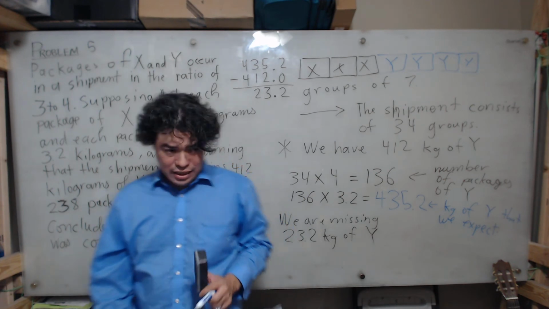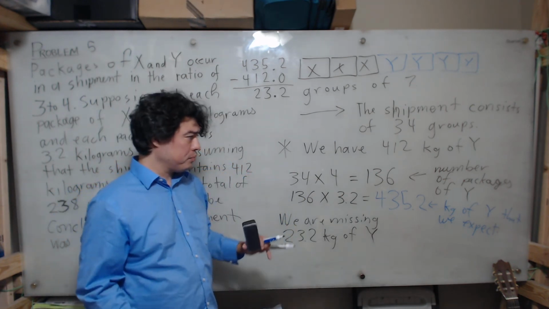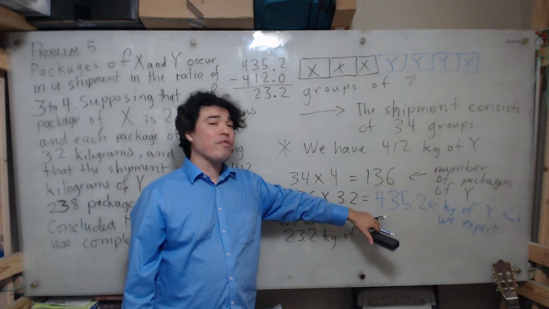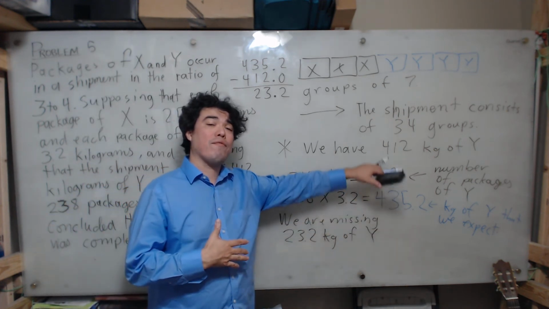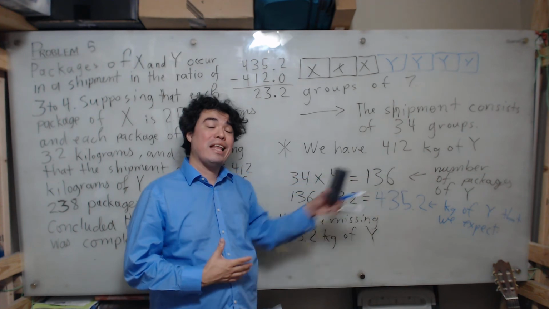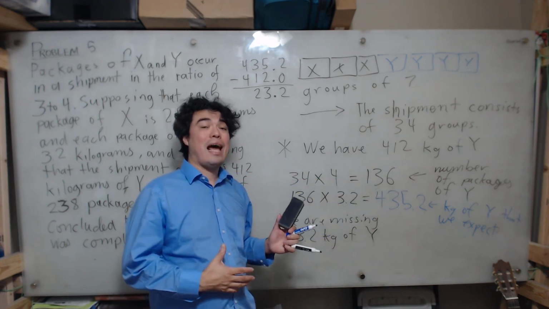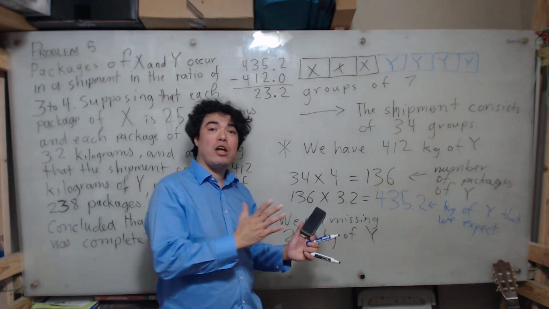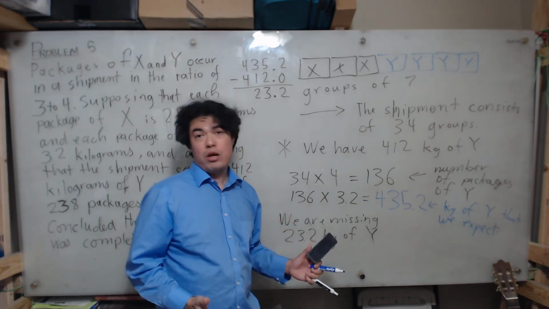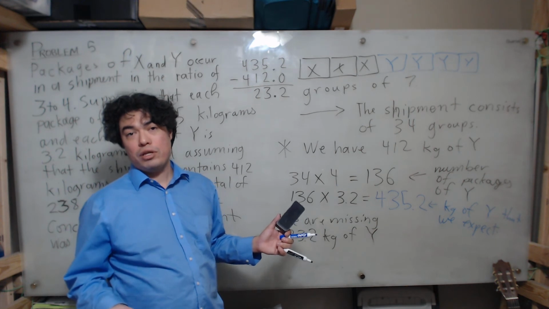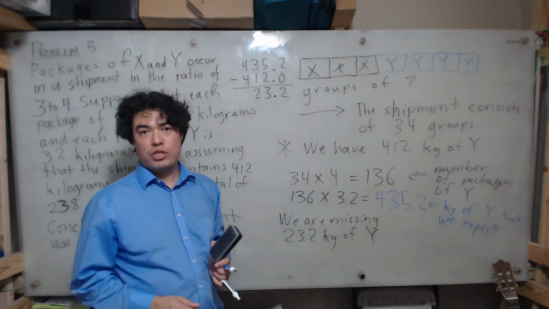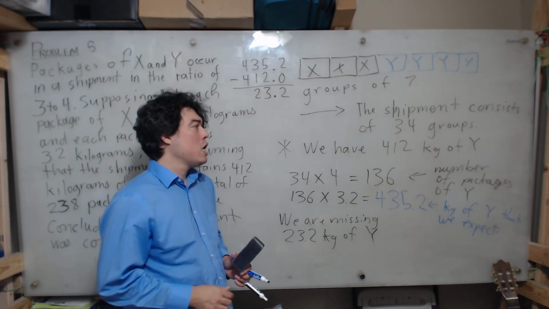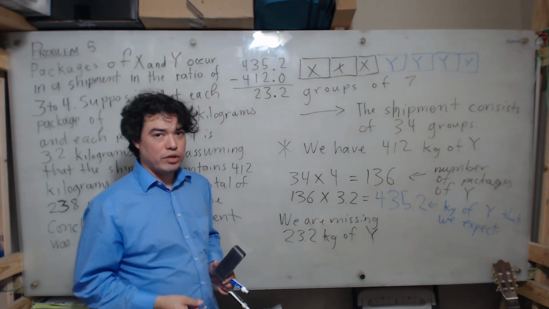If we had discovered that 412 kilograms was what we expected and 412 was what we recovered, then we could say that the shipment was complete in terms of the Y, but not knowing how much X was recovered, we would not be able to say whether the shipment is complete or not, even though we can calculate how much X we could expect.